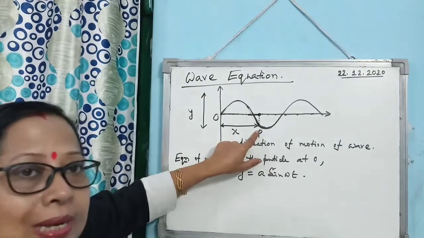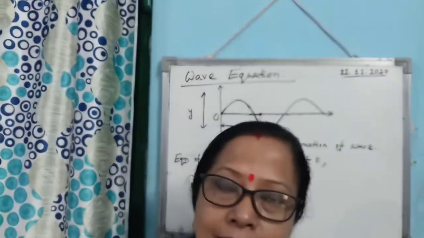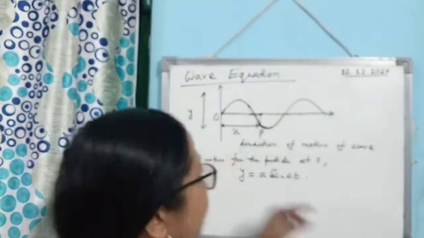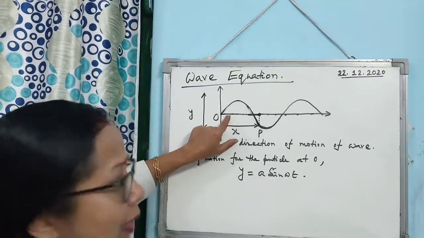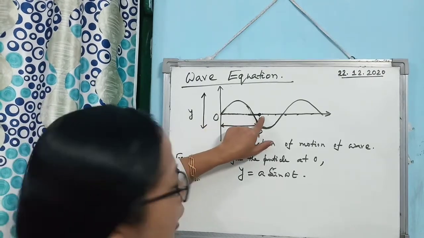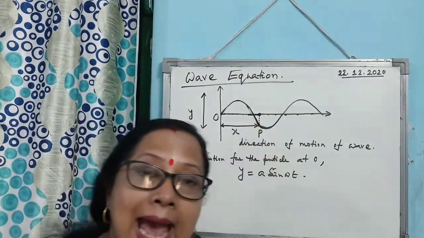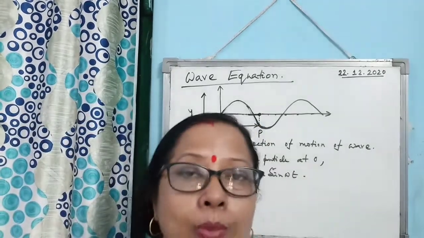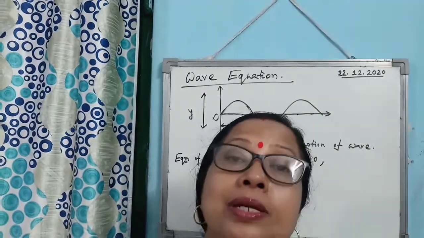This particle will lag behind O. O will start vibrating first, then it will transmit its vibration to the next particle, and to the next particle, and so on. This way the vibration will be transmitted and will come to P. So P will lag behind O. O will start vibrating first, then P will start vibrating sometime later.